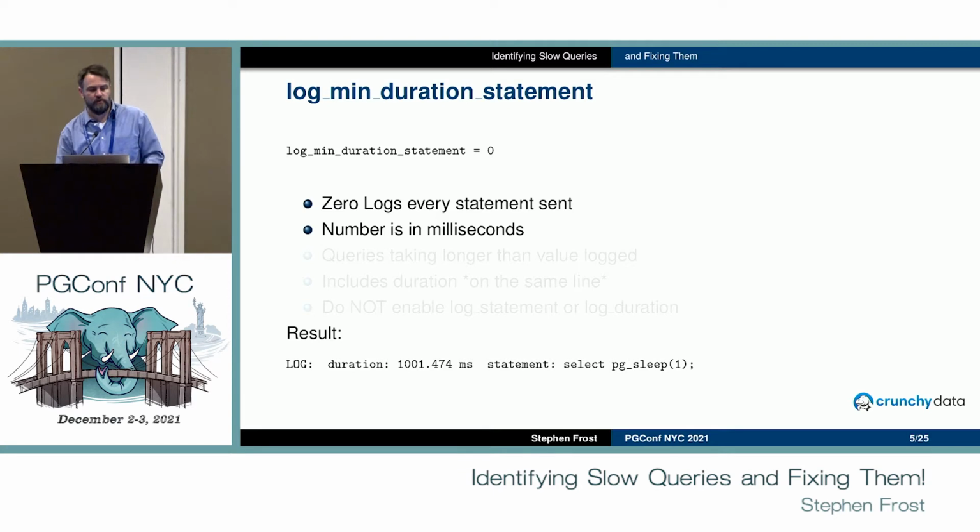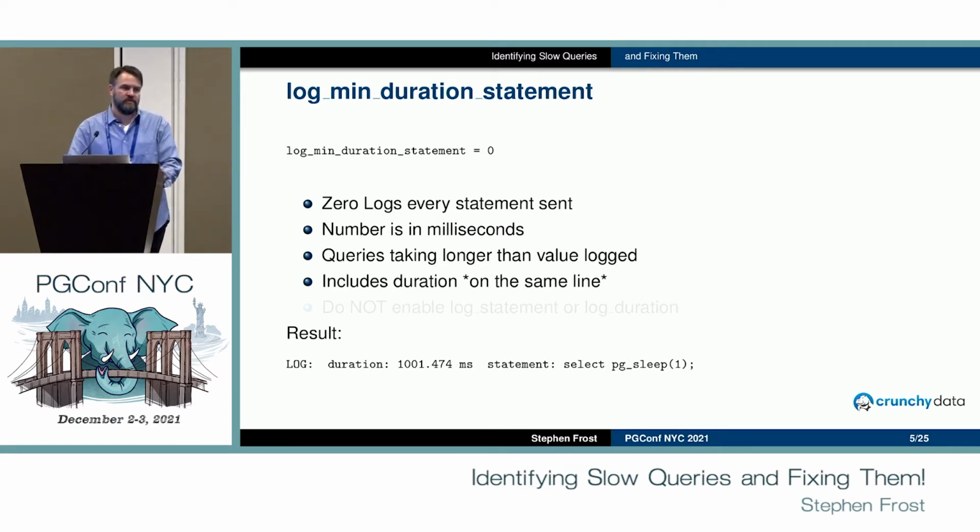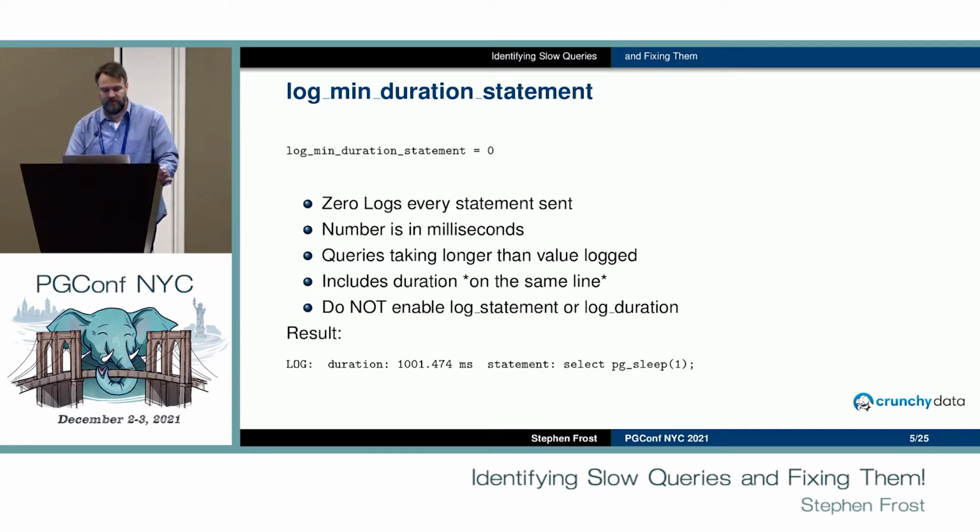It's important to use log_min_duration_statement because it gives you the actual duration and the query on the same line, which is a lot easier for log parsing. There is another approach where you can use log_statement and log_duration, but that ends up logging them on two different lines. It puts the duration on a separate line from the actual statement, and that's kind of a pain. So that's why I don't recommend that approach.